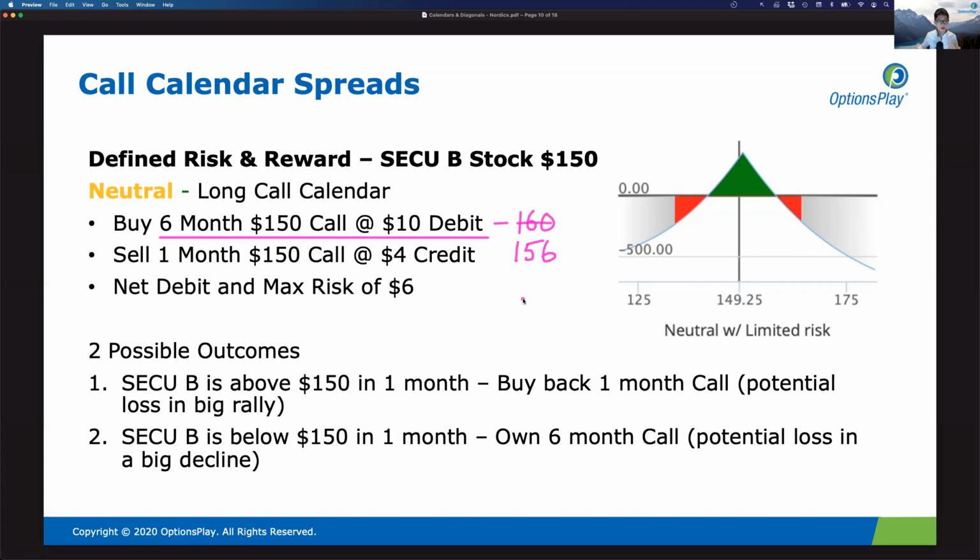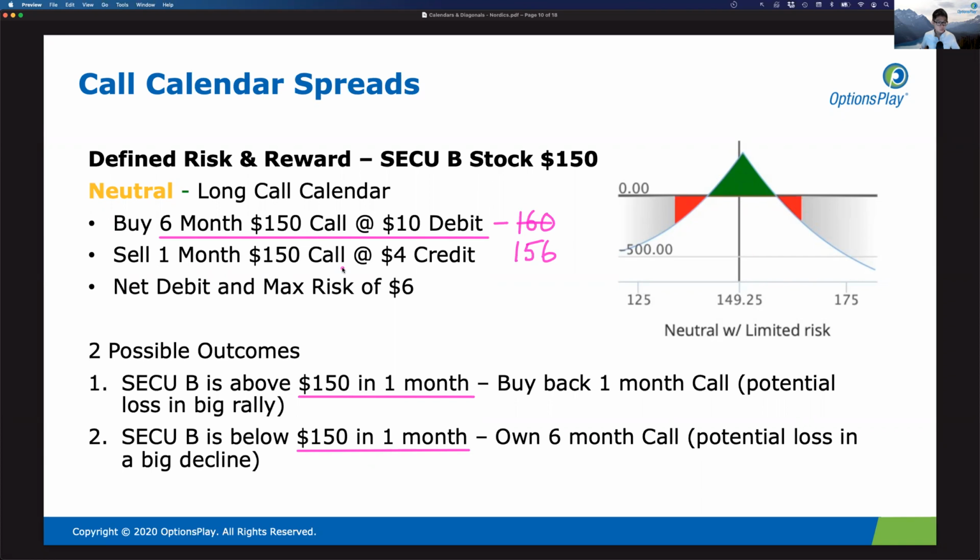And when you sell a calendar spread, at the expiration of the first option, you have two possible outcomes. Either the stock is above 150 crowns in 1 month, or the stock is below 150 crowns in 1 month. Because you've sold this 150 call, you have that obligation to effectively sell the stock at 150 crowns in 1 month's time.